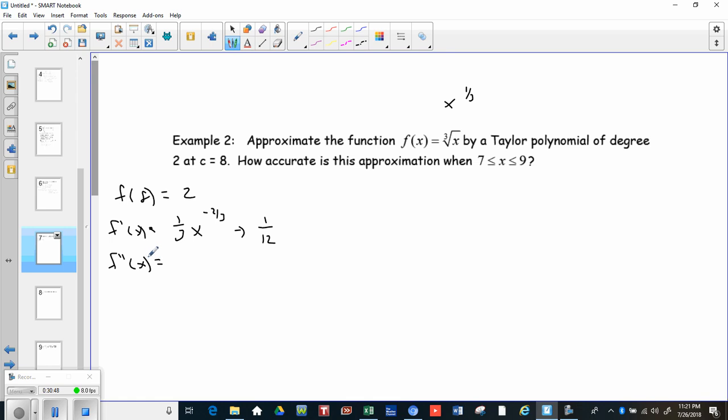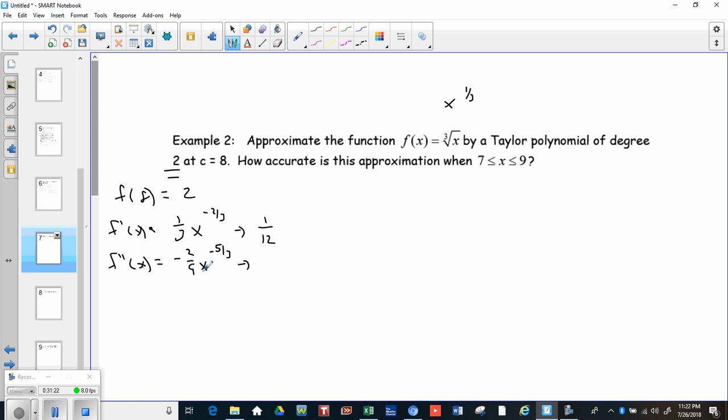Okay, the second derivative, and it does say we want a degree 2. So this is the furthest we need to go as far as the Taylor polynomial. The derivative is going to be negative 2/9, reducing the exponent by 1, x to the negative 5/3. And then plugging in 8. Again, the cube root part of 8 is going to be 2. Raising 2 to the 5th power, 2, 4, 8, 16, it's 32.